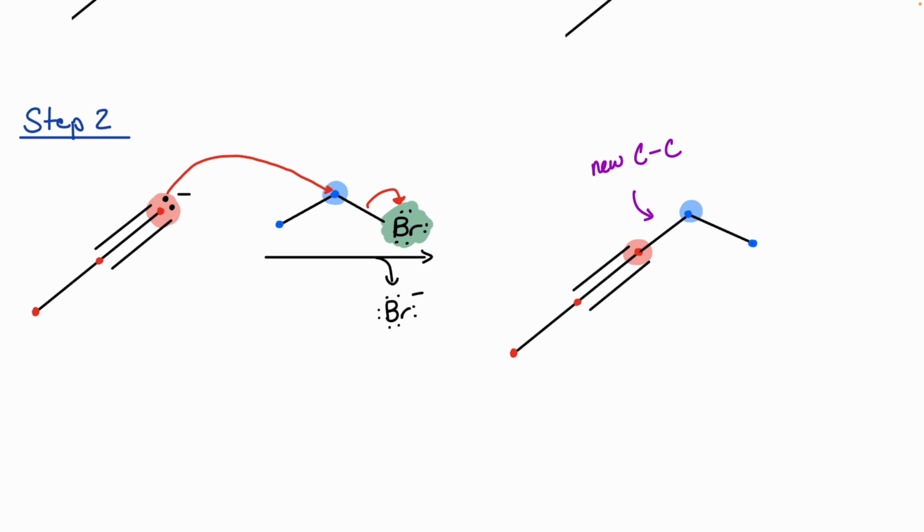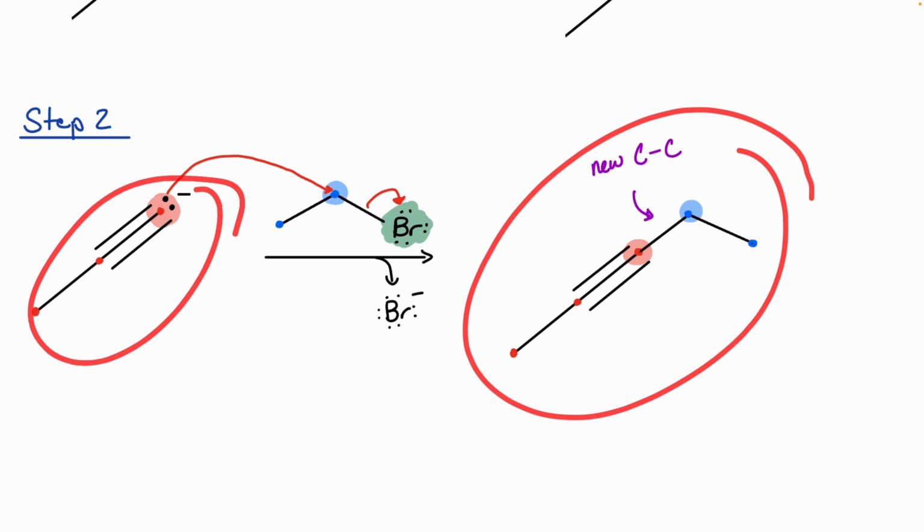Everything else we've been doing is like swapping one functional group for another. Now we've actually made a larger molecule than what we started with, right? We join these 2 fragments together, and that's what's going to make this so powerful, is we have a way of creating this new carbon-carbon bond starting with our terminal alkyne here.